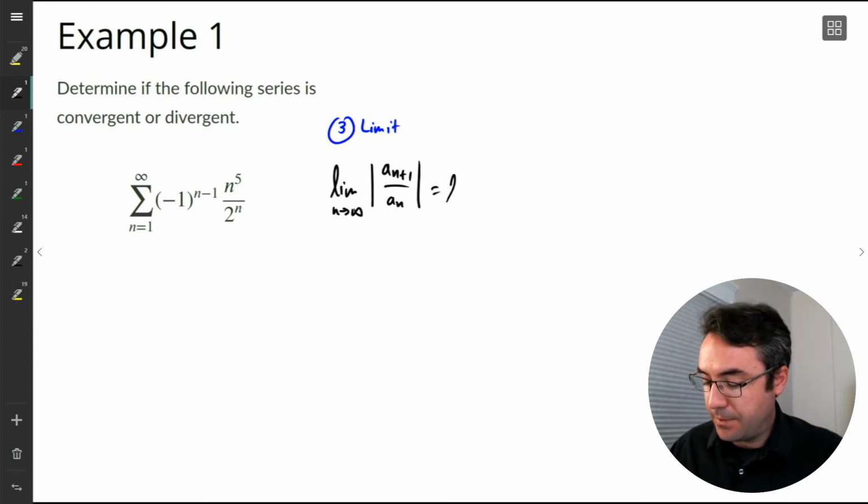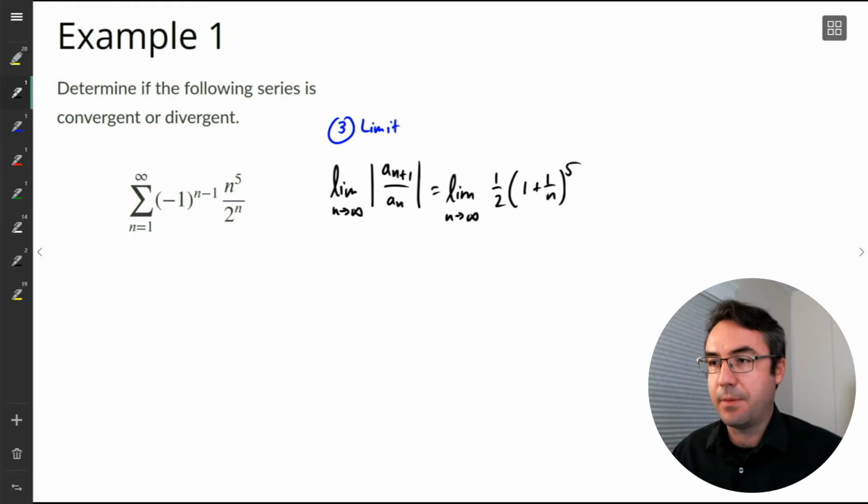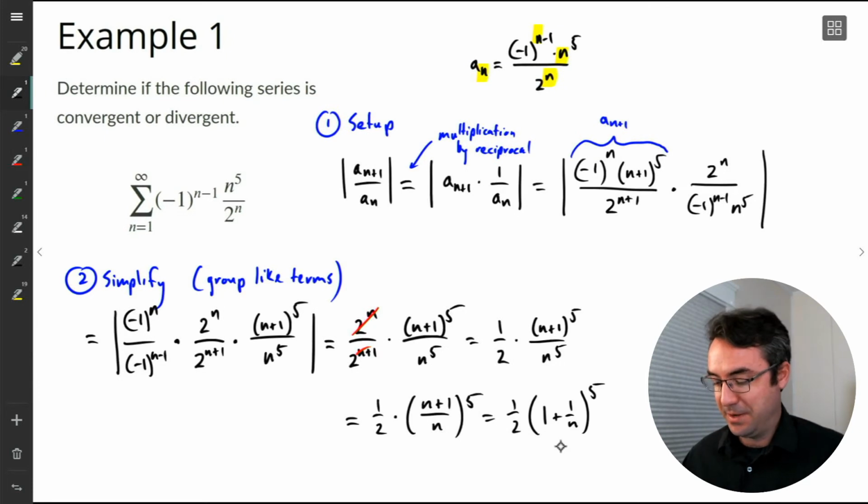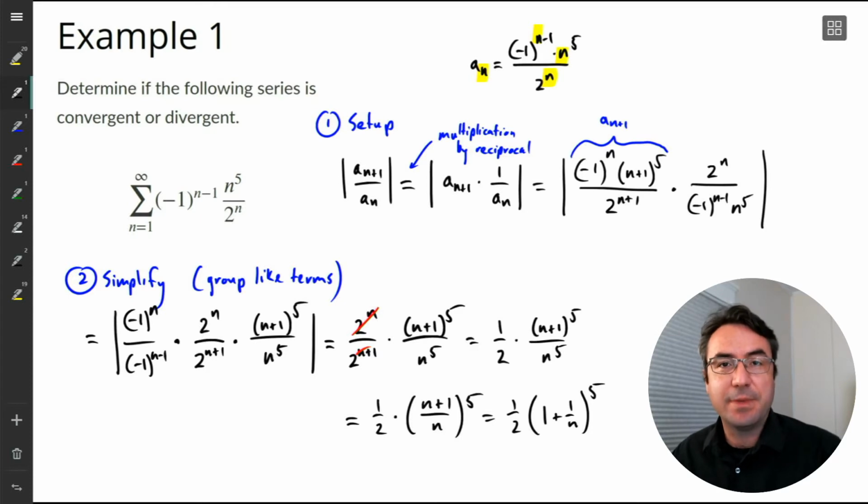So let's fill in what our simplified version was. It was 1/2 times 1 plus 1 over n raised to the power 5, if I'm remembering that right. Let me check. Yeah, that's what we got when we simplified it down. So all of this was just simplifying that down. Sometimes it's helpful to do this off to the side and then go to your main limit calculation, and that's what we're doing.